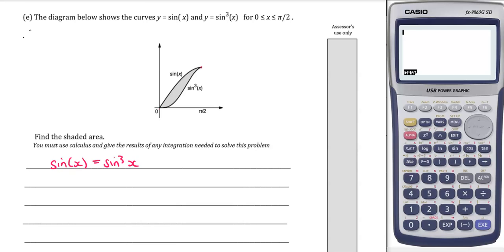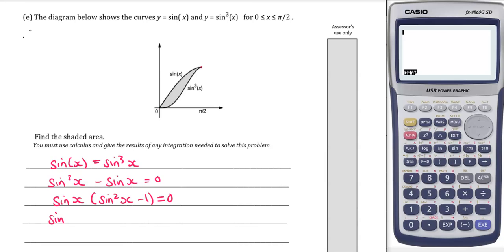So if we take out a factor of sine x, we can have sine x times sine cubed x minus sine x equals 0. Take out a factor of sine x, and we have sine squared x minus 1 is 0.